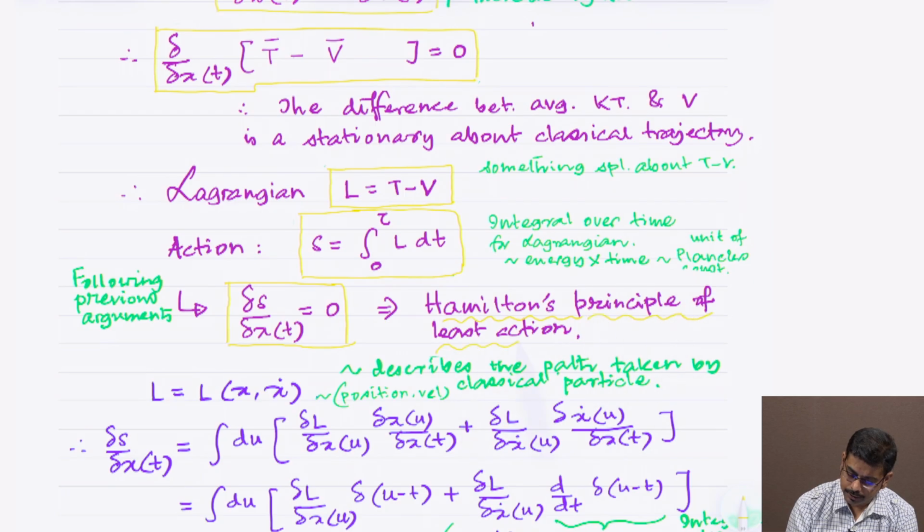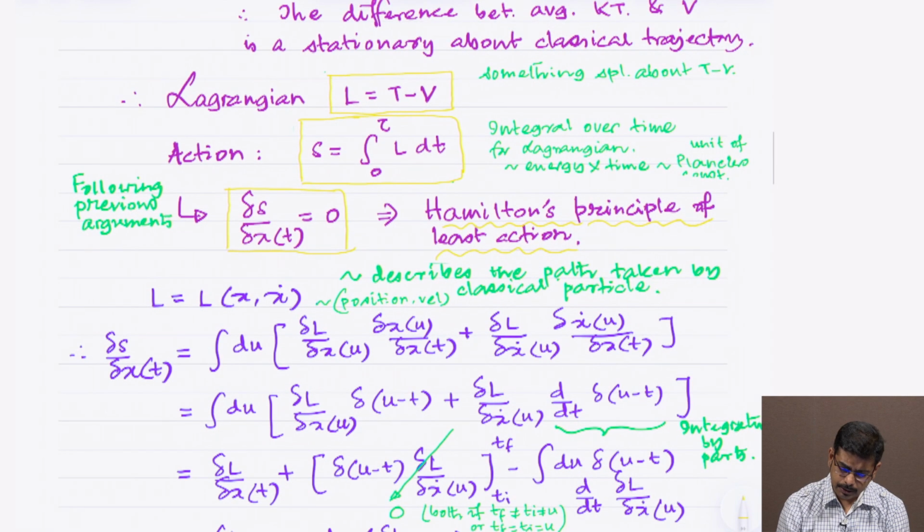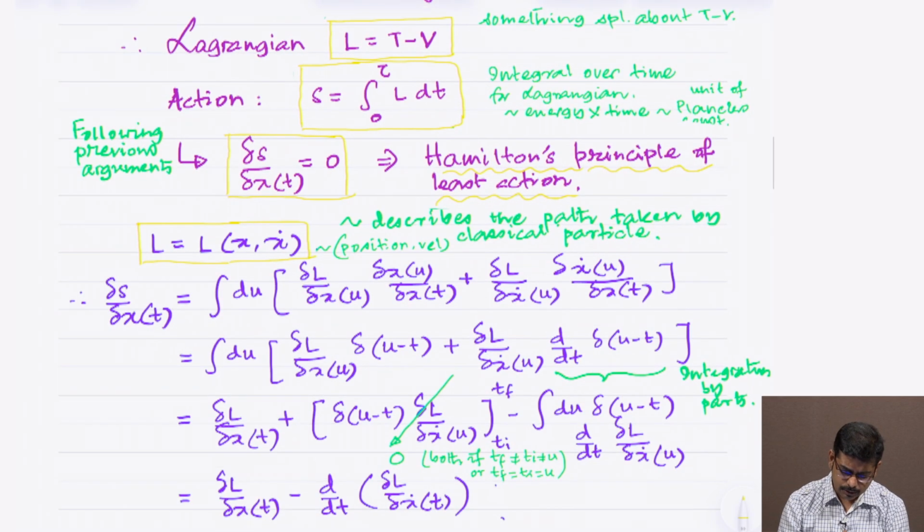of least action. I am sure you are familiar with it, but it is good to remind ourselves where exactly the concept of the Lagrangian came from and how exactly the equation of motion is obtained from Hamilton's principle of least action. So, consider that the Lagrangian is a function of x and x dot, which is the case for most of the particles that we see around.